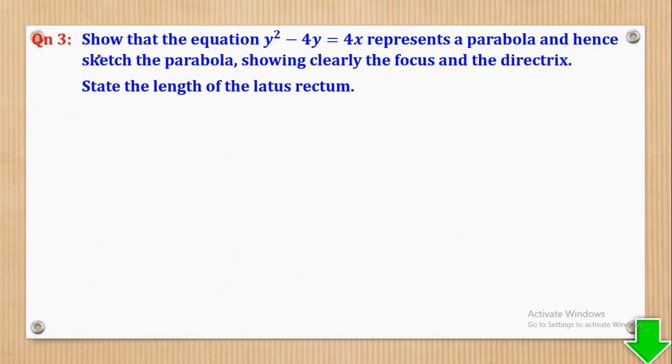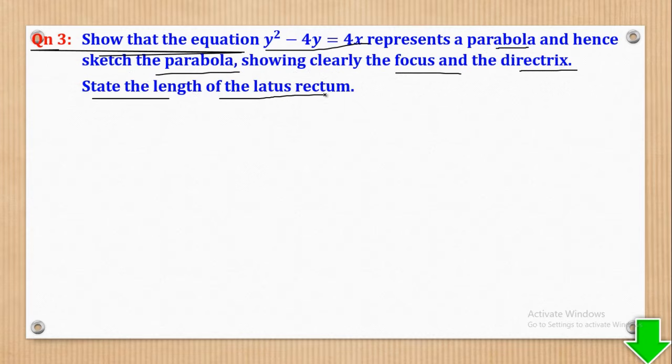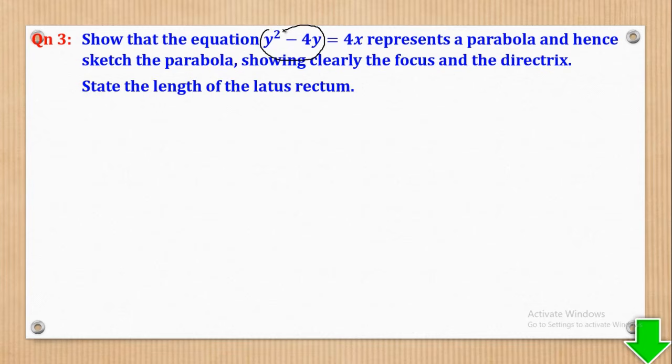Then question 3, show that the equation this represents a parabola, and hence sketch the parabola showing clearly the focus and directrix. Then state the length of the latus rectum. So like I already told you, any quadratic curve is a parabola. Therefore this is a quadratic in terms of y.